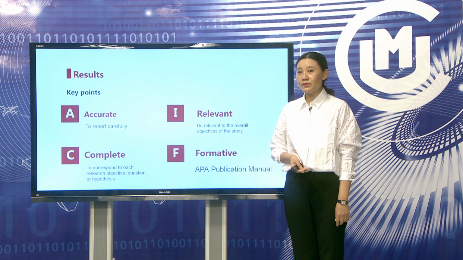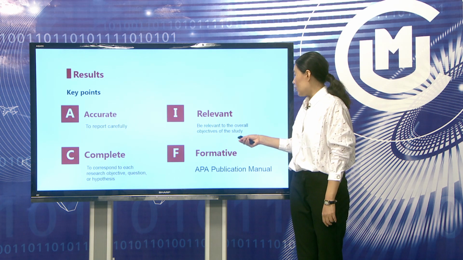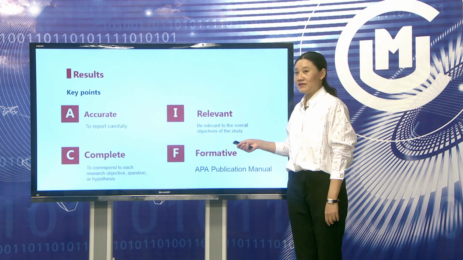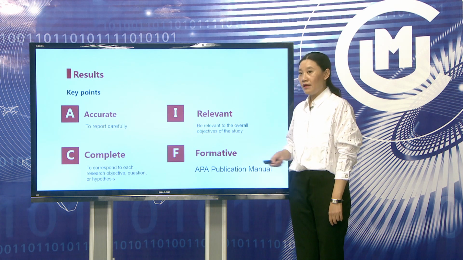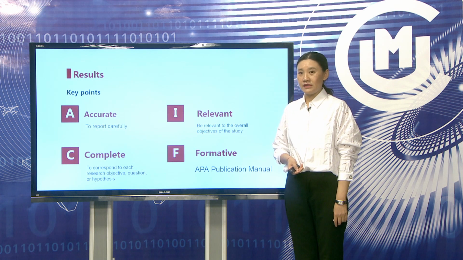If there are too many analyses for inclusion in the report, then the criteria to select analyses should be relevant to the overall objectives of the study. Lastly, the researcher should pay attention to the format of results reported.